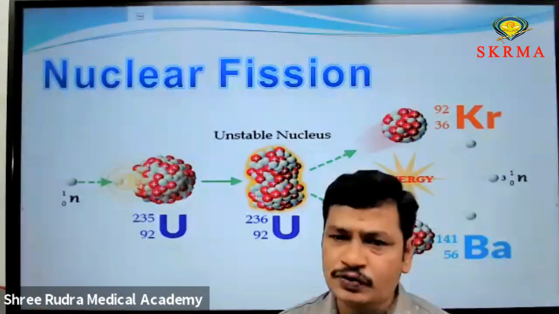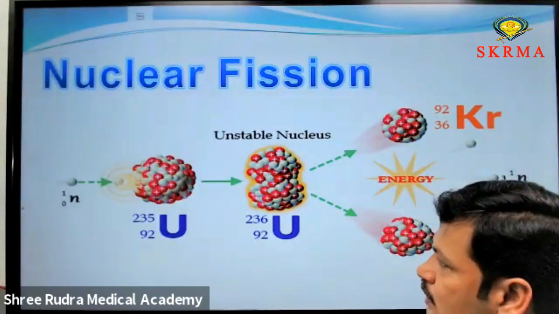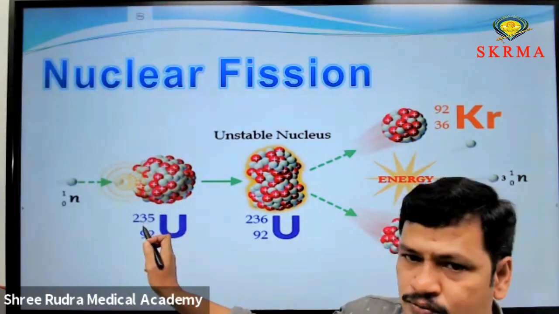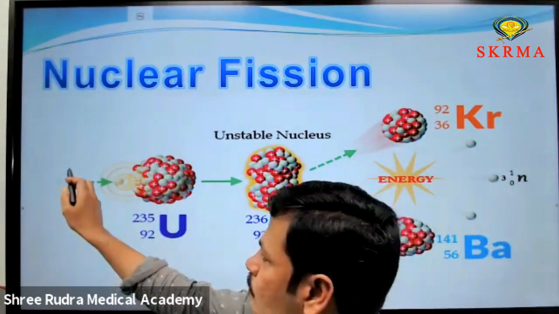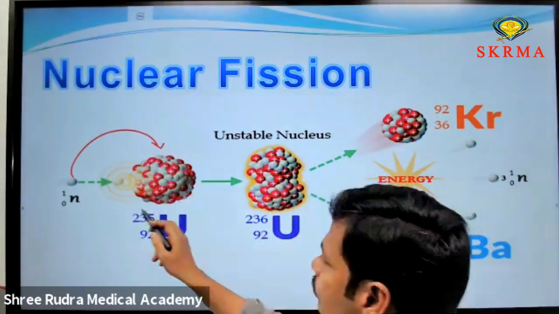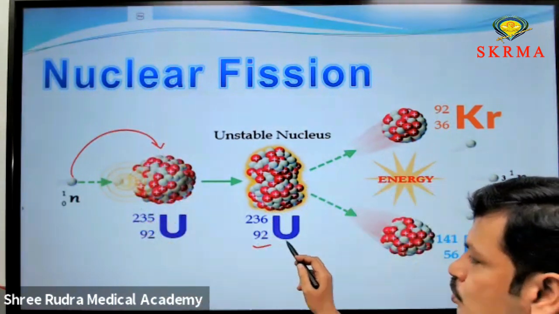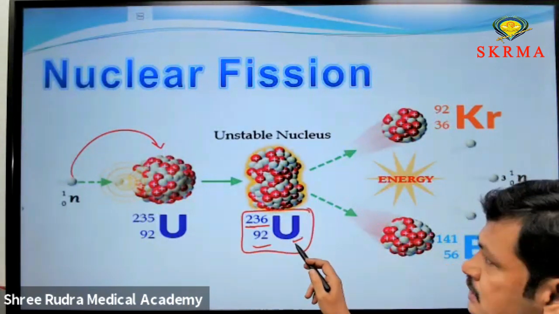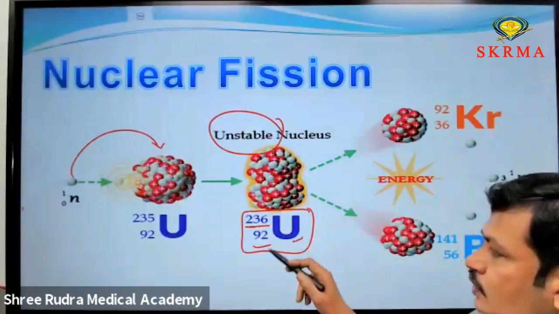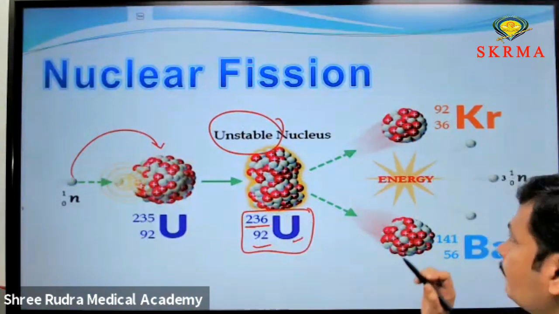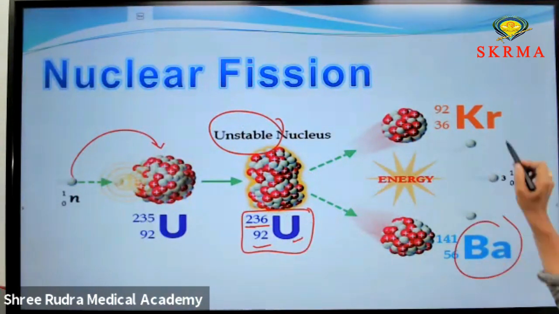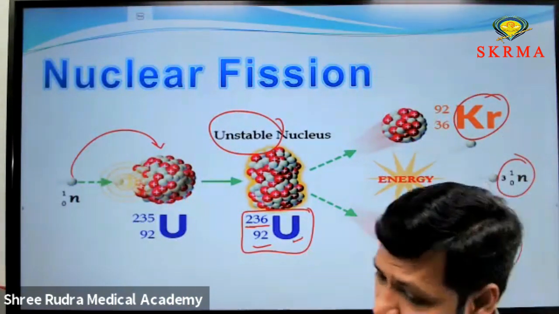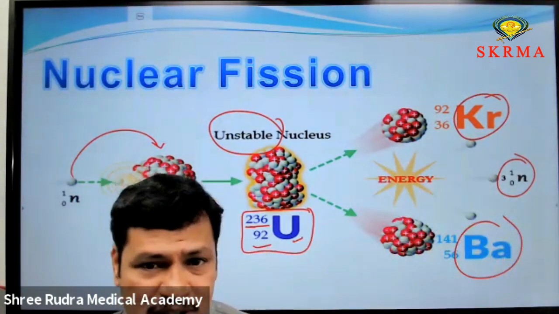In the process, uranium 92-235 absorbs 1 neutron and forms uranium 92-236. As this is an unstable nucleus, further it splits into barium, krypton and produces 3 neutrons. This is the basic equation for nuclear fission process.